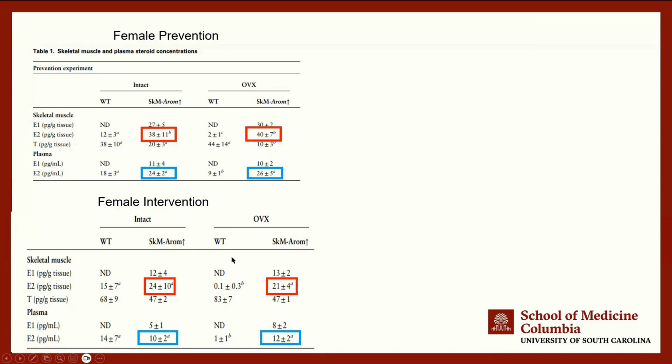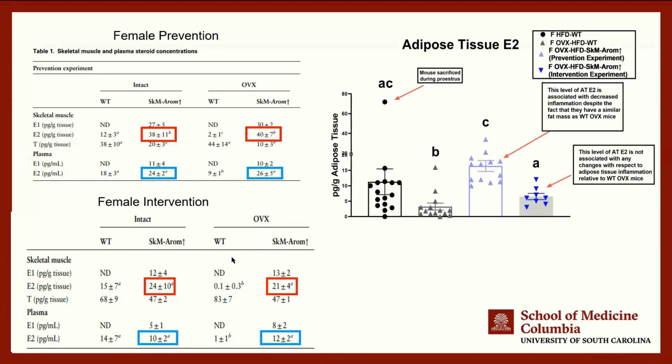prevention study. Now, we didn't publish this in our publication, but what we did do is after we gained the ability to assess adipose tissue steroid levels, we then did a follow-up analysis. And what we found is if you look at female high-fat diet wild type in adipose tissue, this is the level of E2 that you would find.